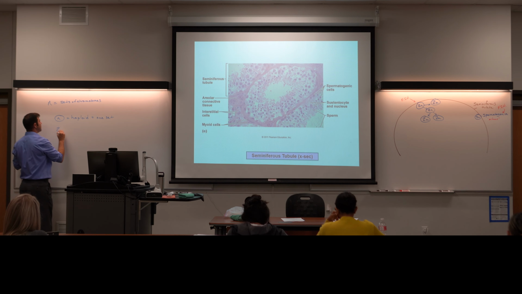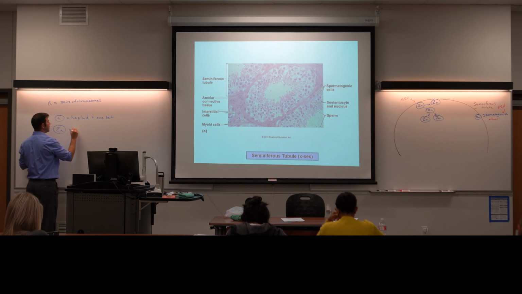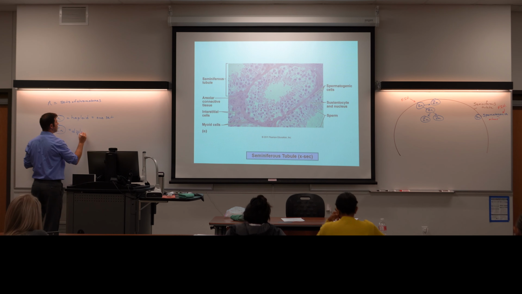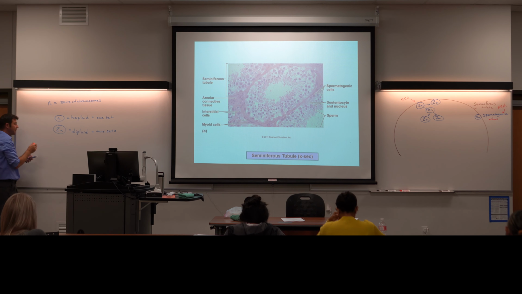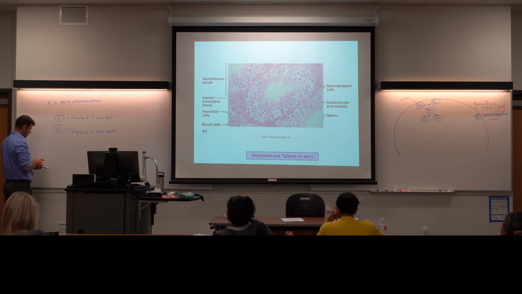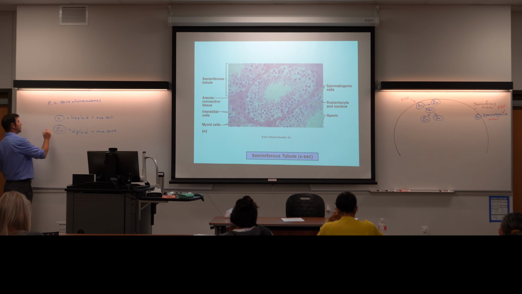And our diploid cells have two sets of chromosomes. I only mention that because our normal body cells are these diploid cells. We'll give it a little green check mark.